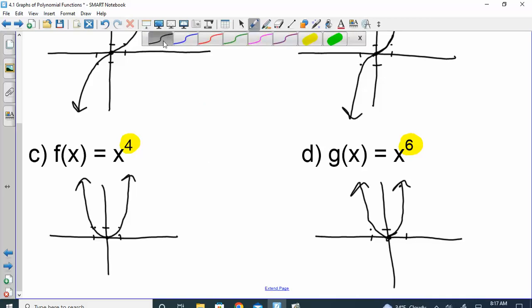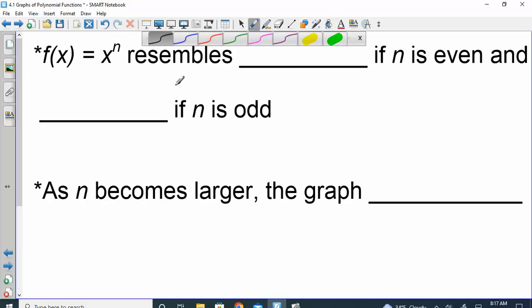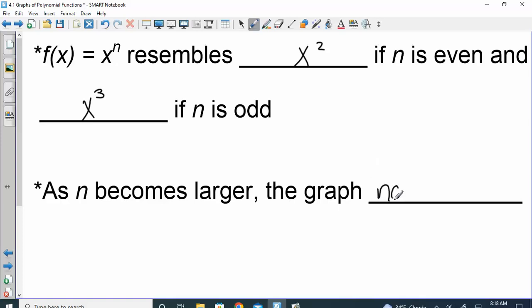So this is actually what's called end behavior. We can know what the graph is going to look like before we ever do anything just by looking at the degree. So it's going to resemble x squared if your exponent is even, and x cubed if your exponent is odd. And as that exponent gets bigger, what happens to the graph? It gets skinnier. I'm just going to say narrows.